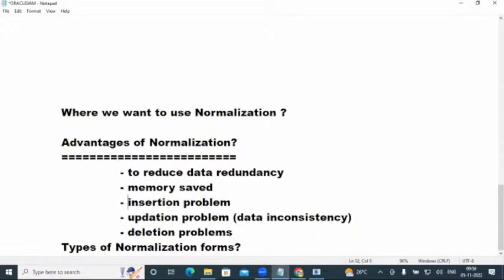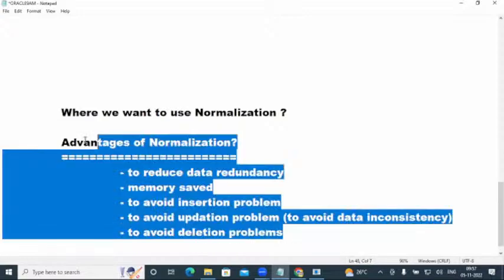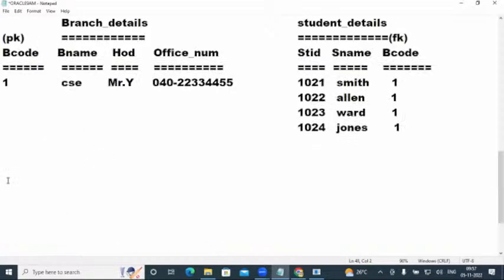Insertion problem, I can say avoids the insertion problem. Next, avoids the updation problem, which means avoids data inconsistency. And the next one is to avoid the deletion problem.